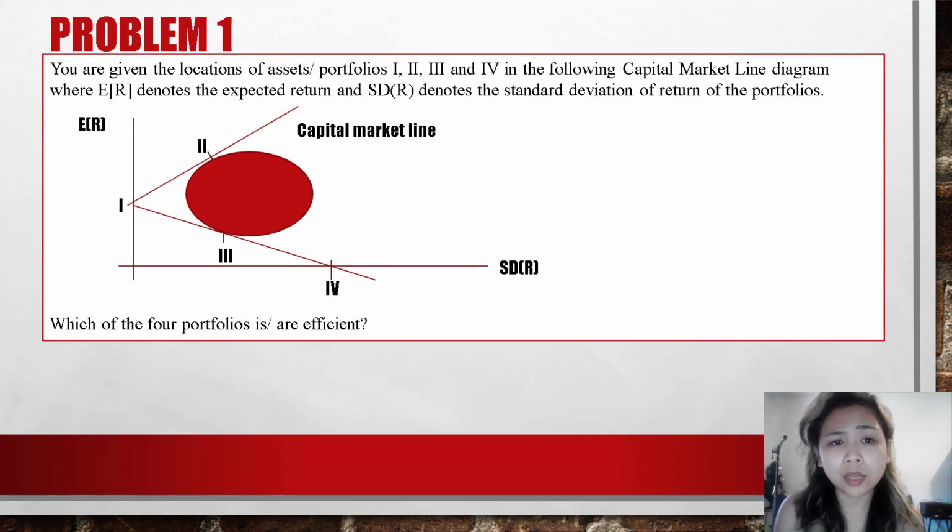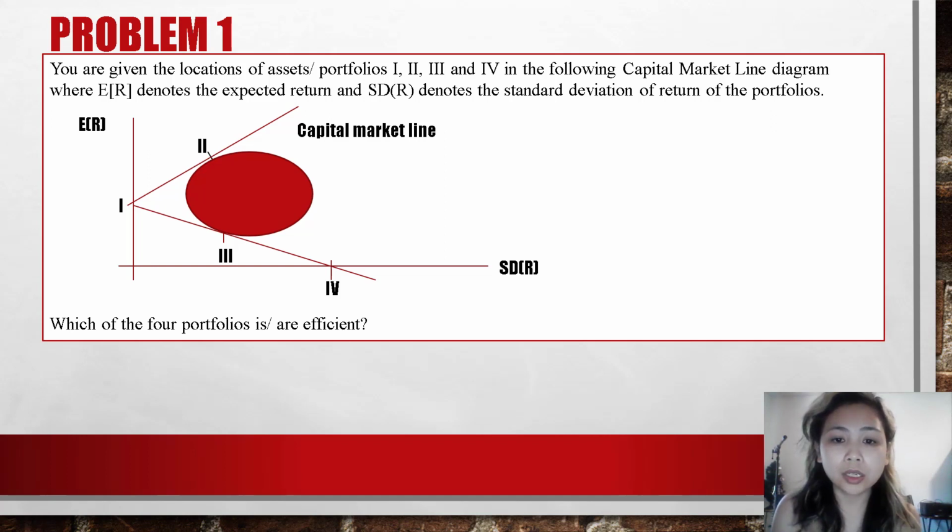You're given the location of assets, portfolios 1, 2, 3, and 4 in the following capital market line diagram, where ER denotes the expected return and SDR denotes the standard deviation of the return of the portfolios. Which of the four portfolios are efficient?